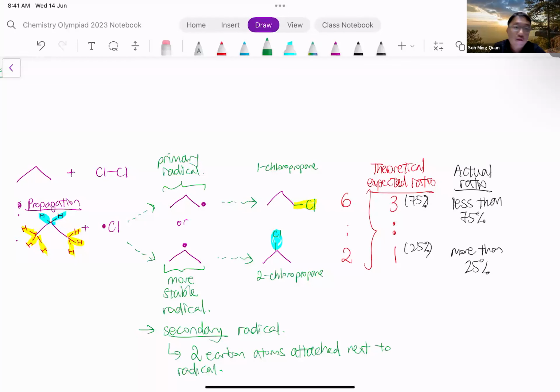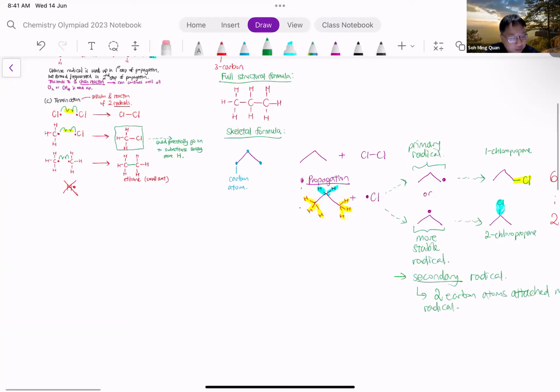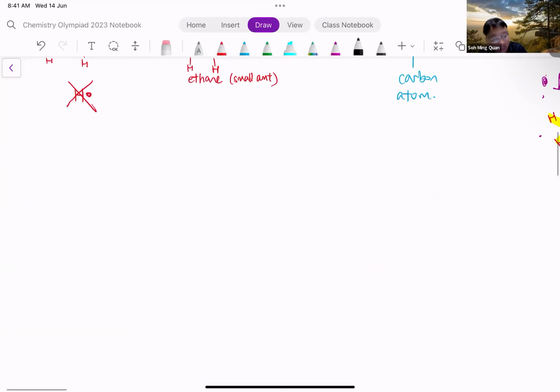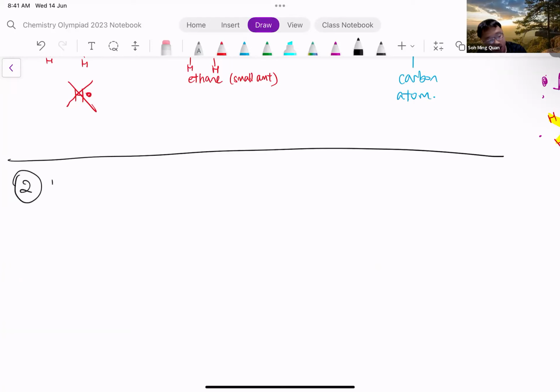Moving forward, now we have seen free radical substitution of alkanes and learned how to draw the mechanism. Now let's move to another important mechanism, which is for alkenes. The mechanism for alkenes is electrophilic addition, which we have actually gone through during the round 1 training.